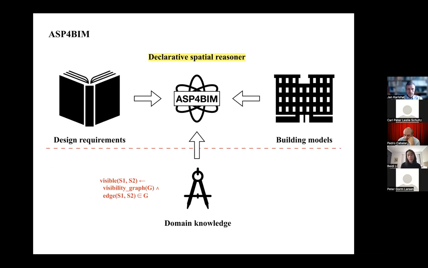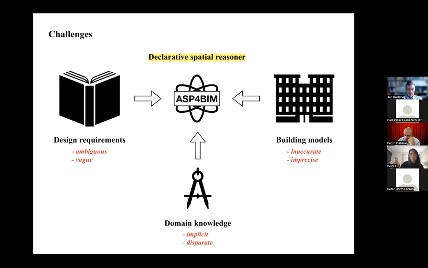It says that two objects are mutually visible if they belong to the same visibility graph and they're connected by the same edge. In this case, ASP has built-in very general data structures, again to separate runtime concerns from the pure definition of the problem.